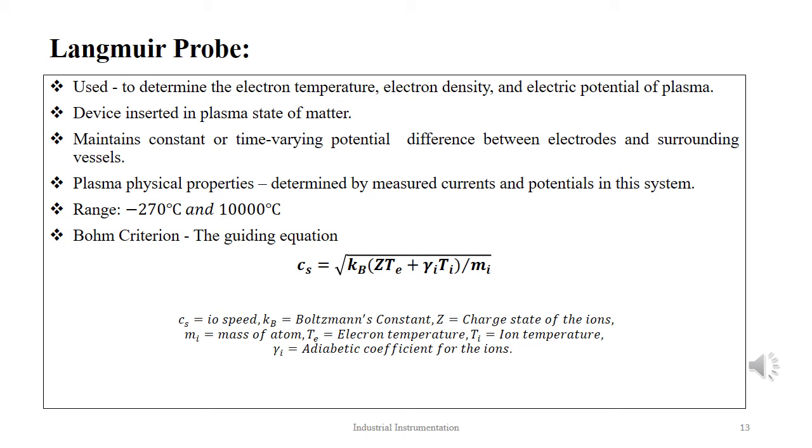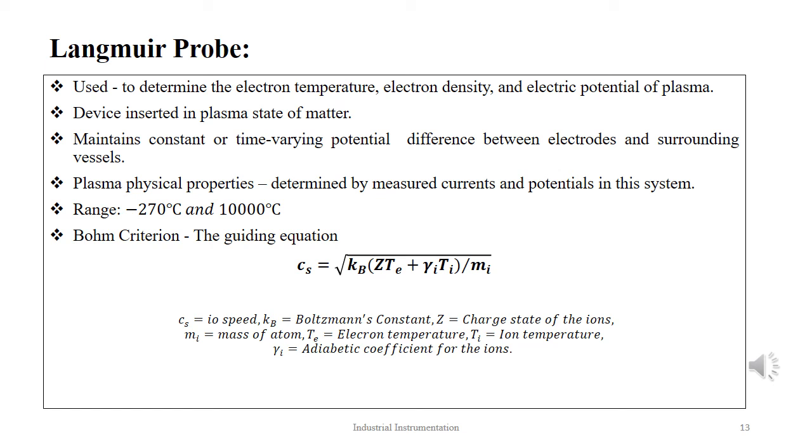It works by inserting one or more electrodes into the plasma state of matter and is maintained at either a constant or time-varying potential difference between the electrodes and the surrounding vessels. The physical properties of the plasma are detected and determined by measuring the potential differences and current flowing in the system circuit.